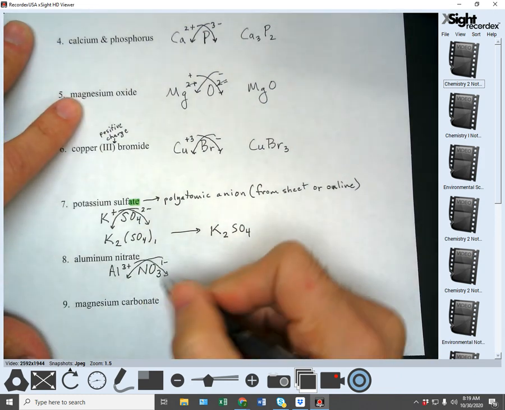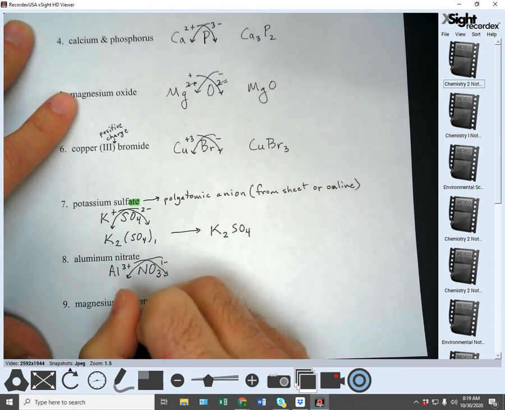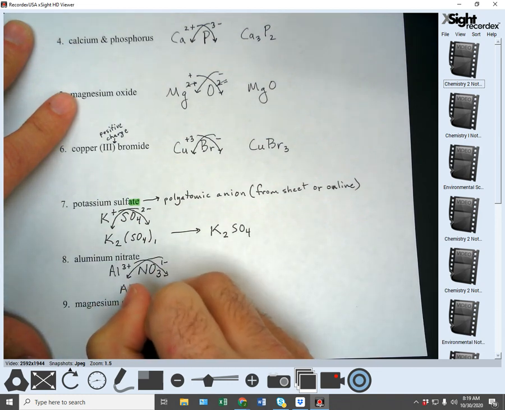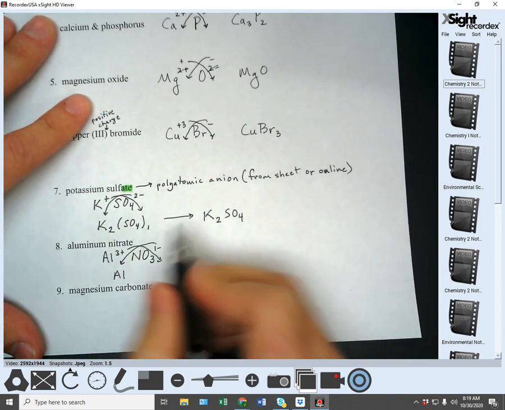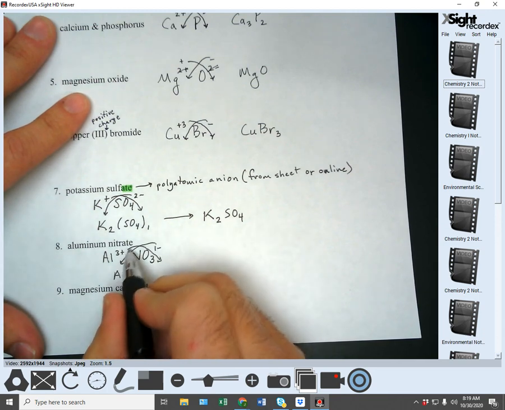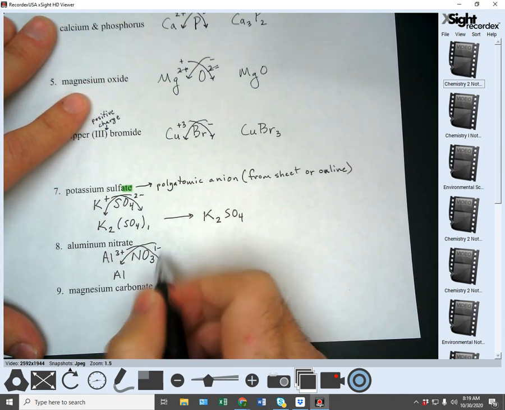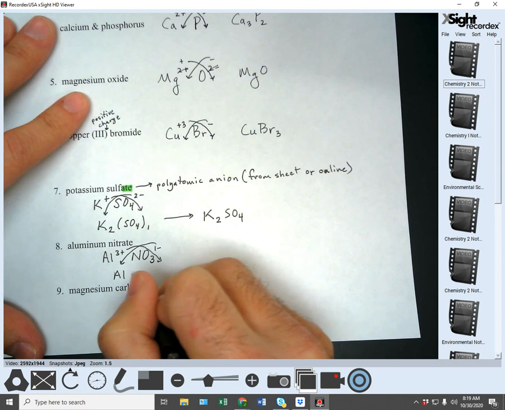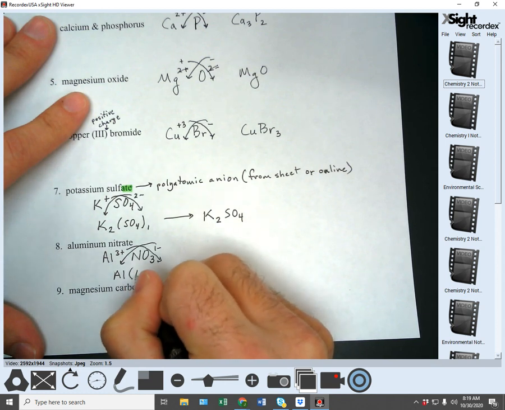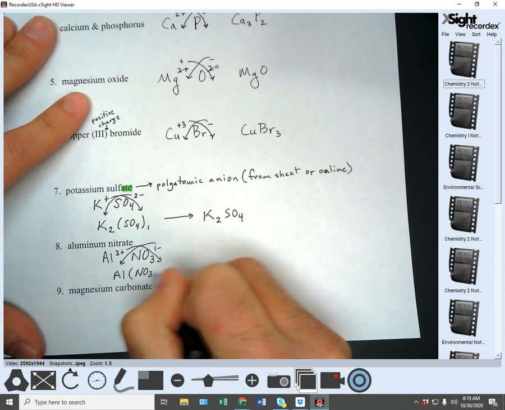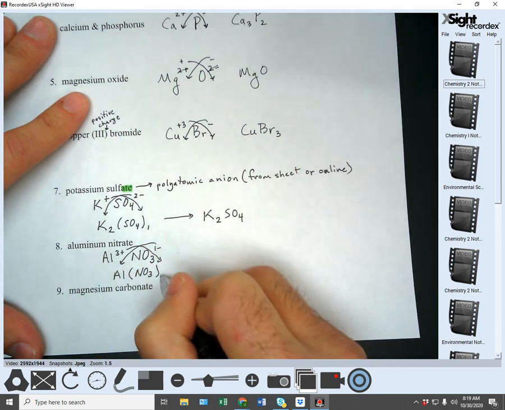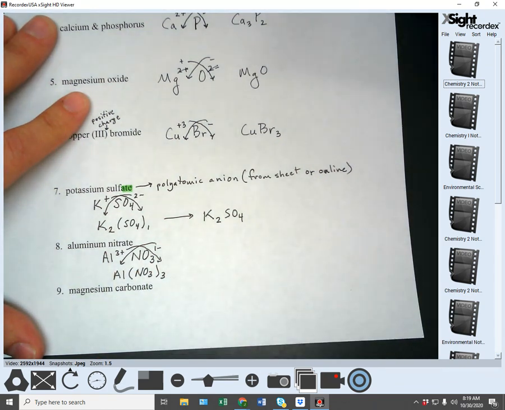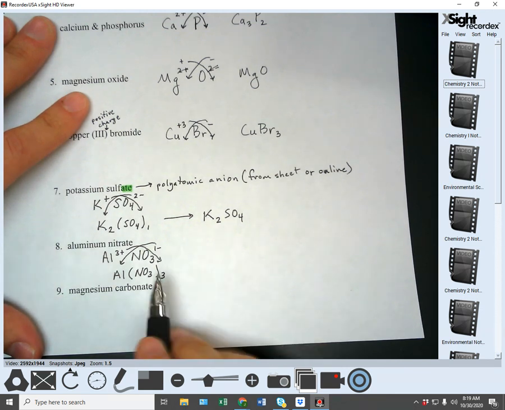Okay, we end up with Al. We don't have to put a 1 on it. And then we're bringing down a 3 onto the NO3. So we need parentheses around the NO3 because that's our polyatomic. We want to say we have 3, we're bringing the 3, so it looks like that. We want to say we have 3 of this entire thing.